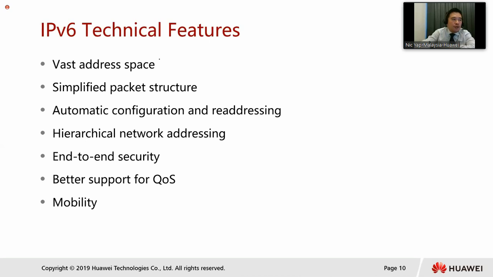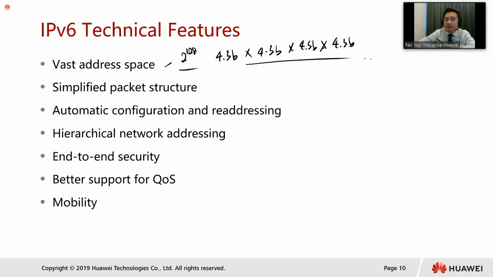It's about 2 to the power of 128. It means that the possible addresses are about 4.3 billion times 4.3 billion times 4.3 billion times 4.3 billion, which becomes 2 to the power of 128.